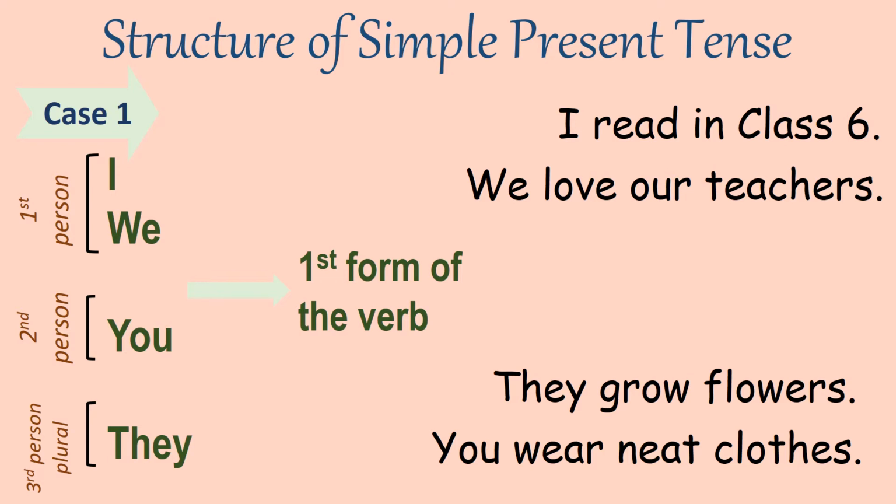The first case is that if there is the first person pronoun, the second person pronoun, and the third person plural pronoun, which means I and we, the first person, you, the second person pronoun, and they, which is the third person plural pronoun, or if there is a plural subject noun, for example, the cats, Ali and Sarah, right?